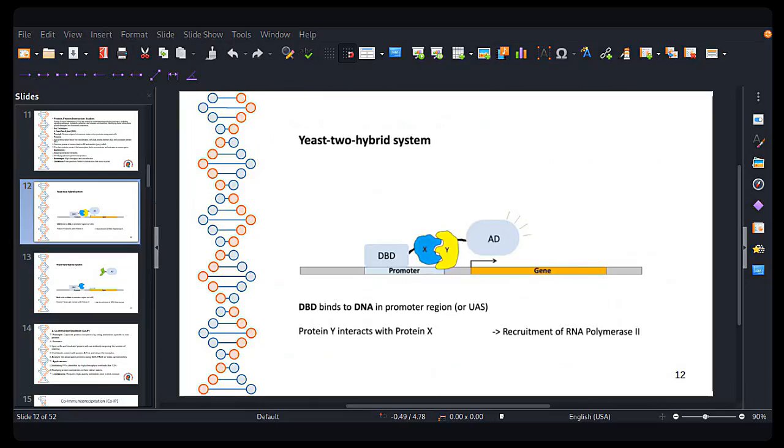And if transcription took place, we can attach RNA polymerase 2. Okay, you guys have to tell me what's the function of RNA polymerase 2 enzyme? What's the function of this enzyme?